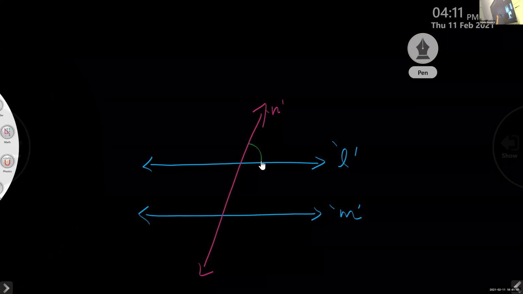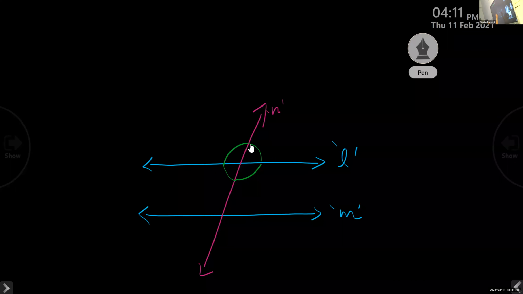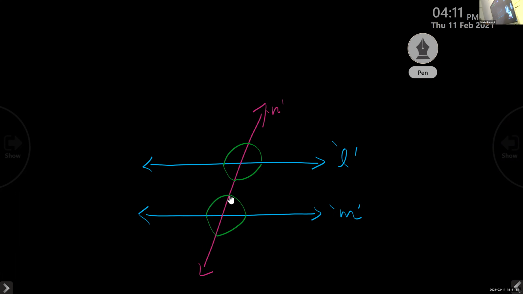Angle 1, angle 2, angle 3, angle 4, angle 5, 6, 7, and 8. So 8 angles are formed when 2 parallel lines are cut by a transversal.